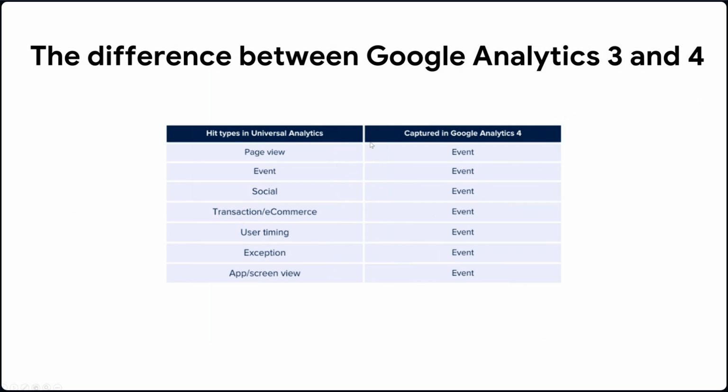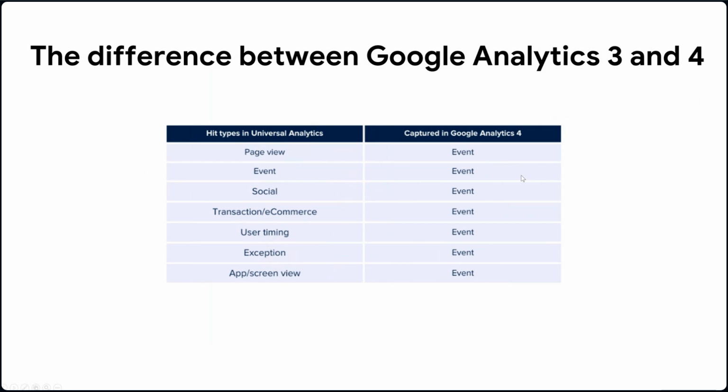In Google Analytics 3, which is also called Universal Analytics, there were all these types of hits, right? A hit was essentially every time somebody visited a page or did something on the page, that was a hit. And out of the box, Universal Analytics tracked page views, transactions, even, right? App views, user timings. You could see immediately how much time they spend there, etc.